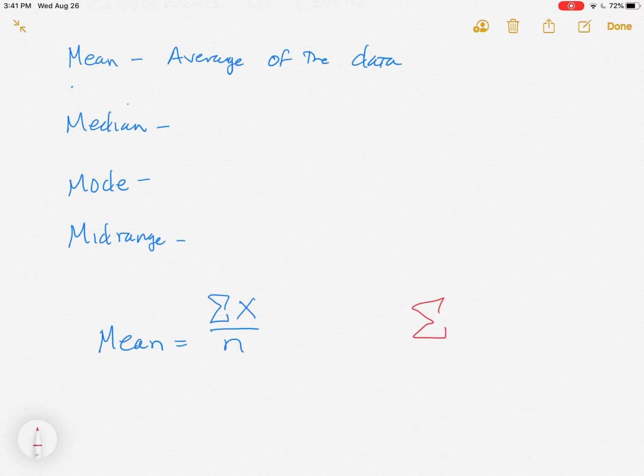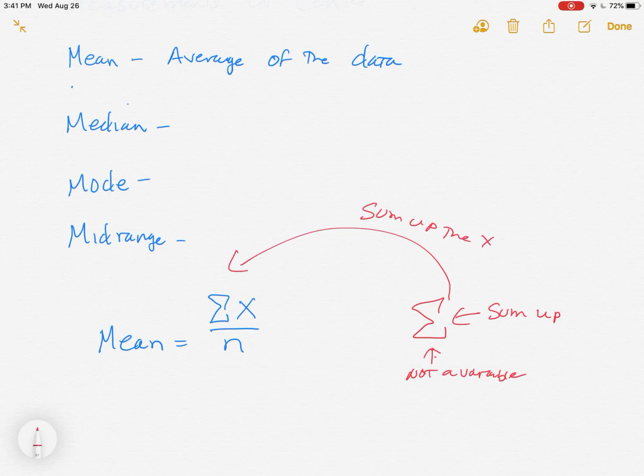This guy right here is not a variable. It means to sum up. So alone it means nothing. So together it's saying, sum up the x's.